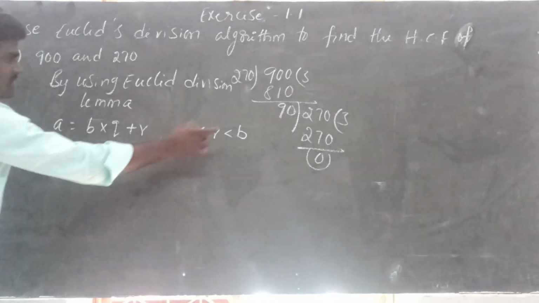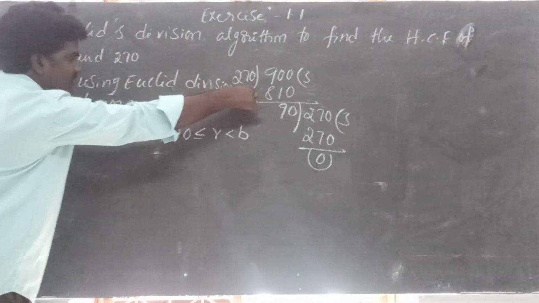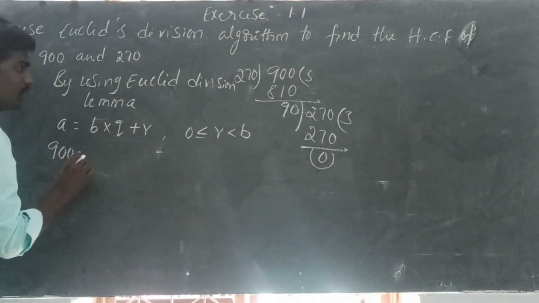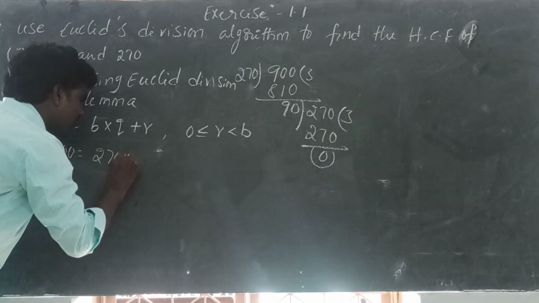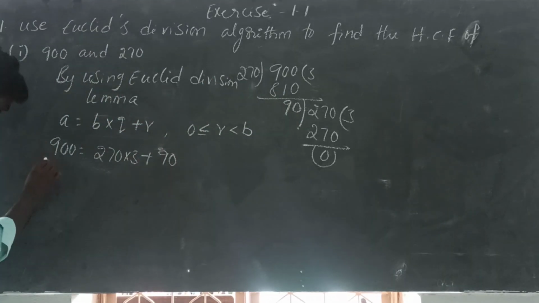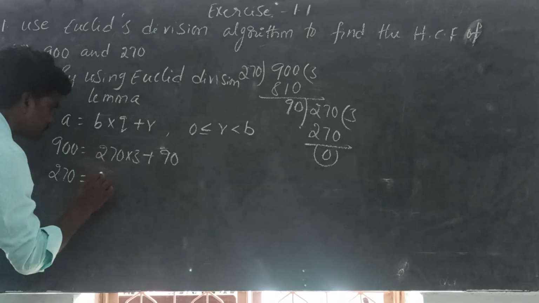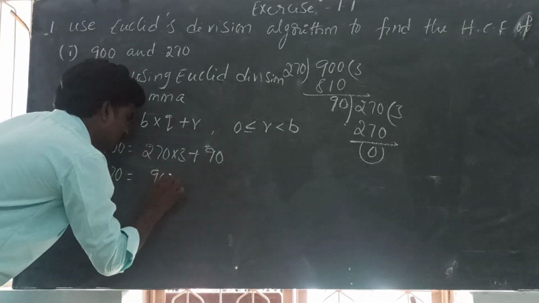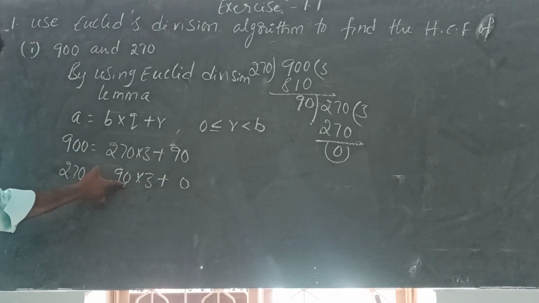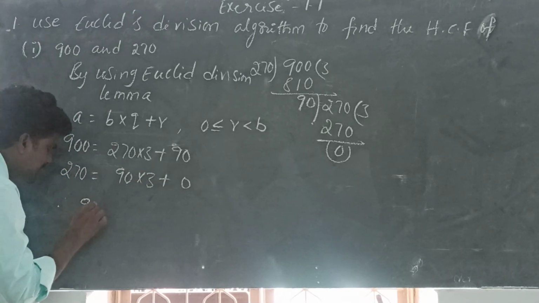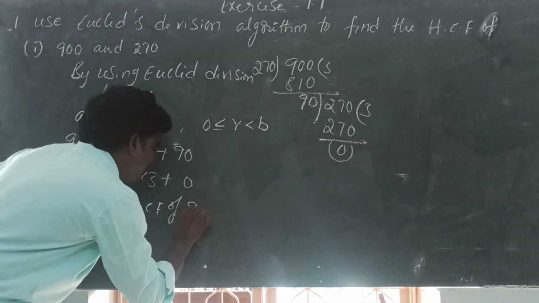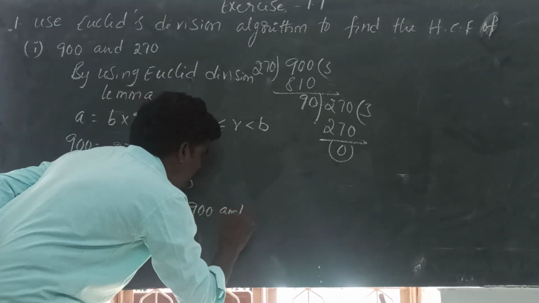Okay, so in the first division we apply the Euclid division lemma. That is, 900 is equal to 270 into 3 plus 90. Next, 270 is equal to 90 into 3 plus 0. Where do we get the 0? At the divisor 90. So therefore 90 is the HCF of 900 and 270.